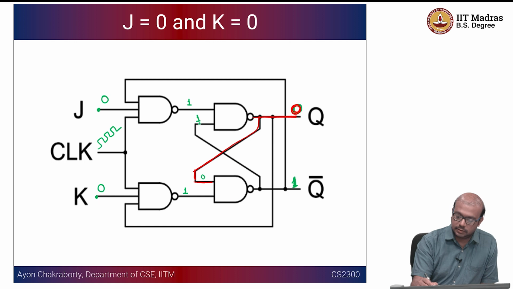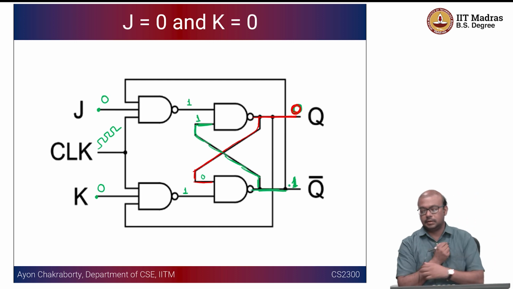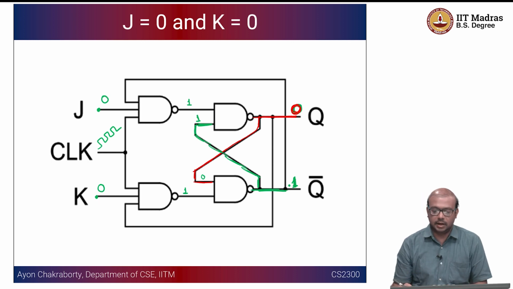So this line is 1. Okay, so this is how this is operating, with J equal to 0 and K equal to 0.